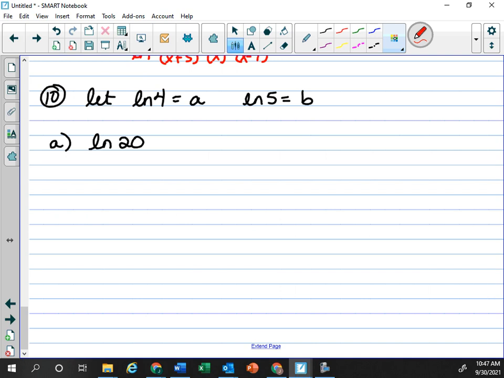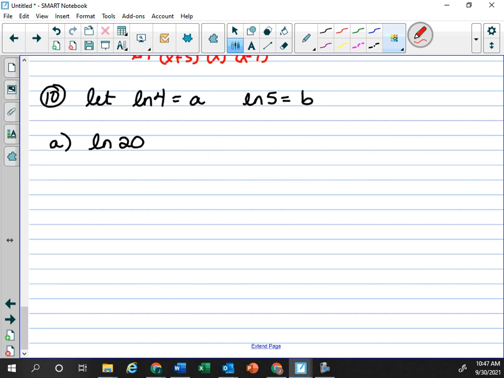So I have natural log of 4 and natural log of 5 to work with. Do you have a way to make 20 out of 4 and 5? Multiply, right? Multiplying, dividing, and exponents are the only options you have to make whatever number we're talking about. You can't add things. You can't say, oh, 4 plus 5. I know we're looking at 9 here, but you've got to use something where you can then use a log property.